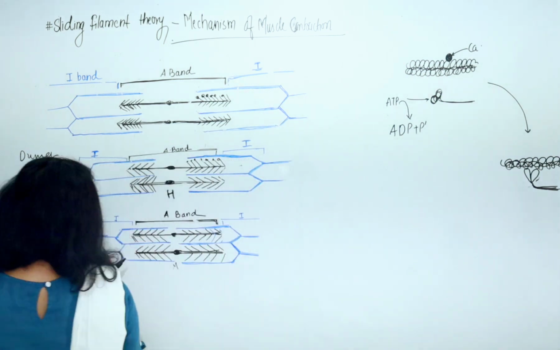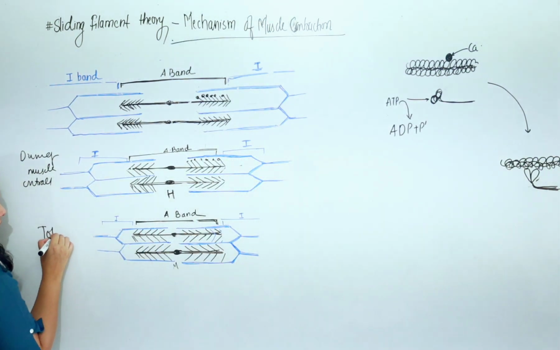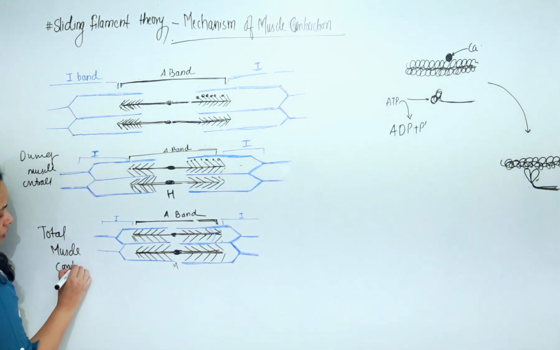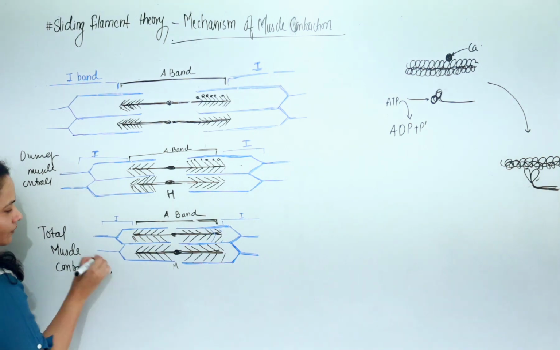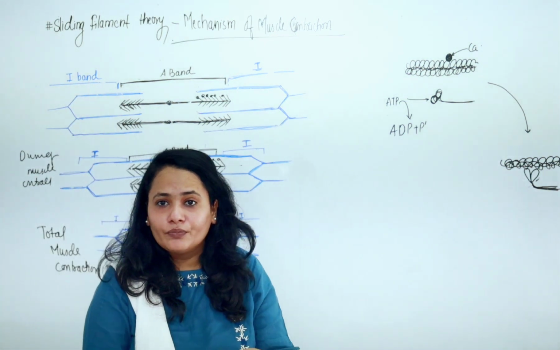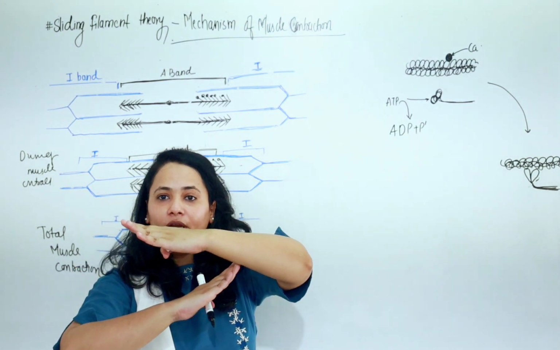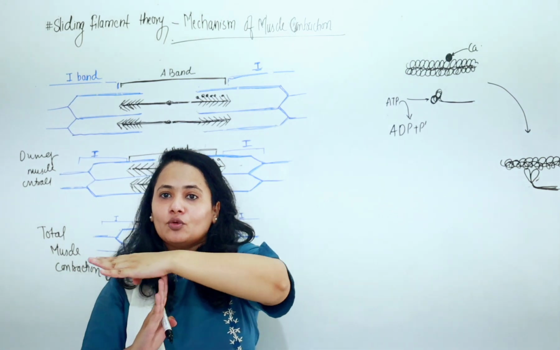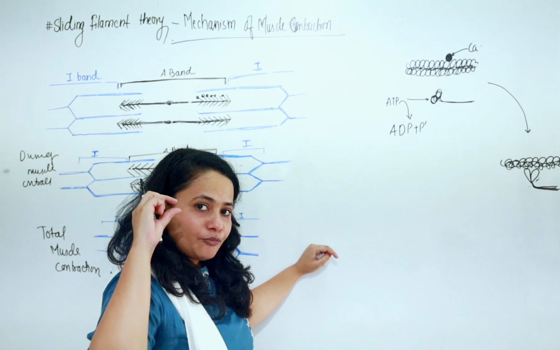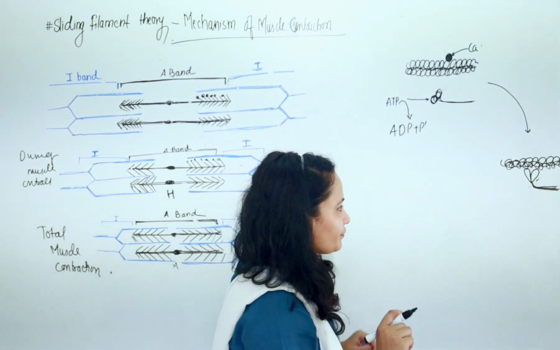So how are the thin filaments coming towards the center? It's because the thick filament is holding the thin filament and pulling it towards the center. That formation is known as the formation of cross bridge.